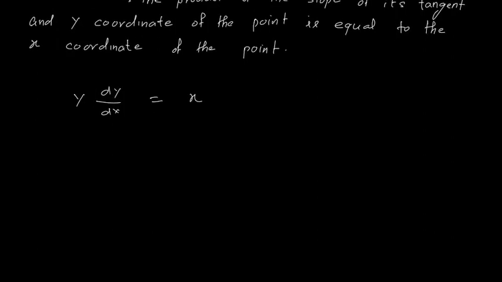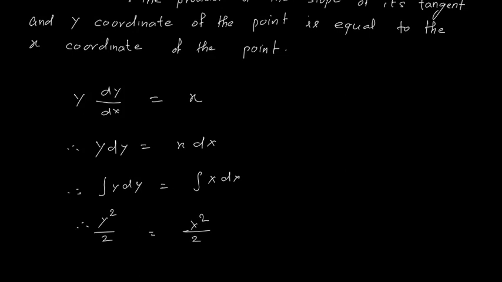So here I have y dy = x dx. Therefore the integration of y dy is equal to the integration of x dx. Therefore y squared upon 2 is equal to x squared upon 2 plus c.